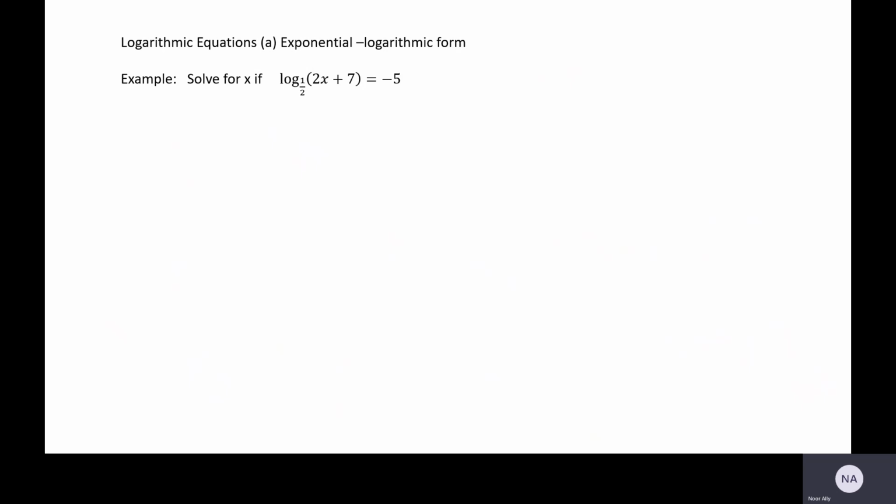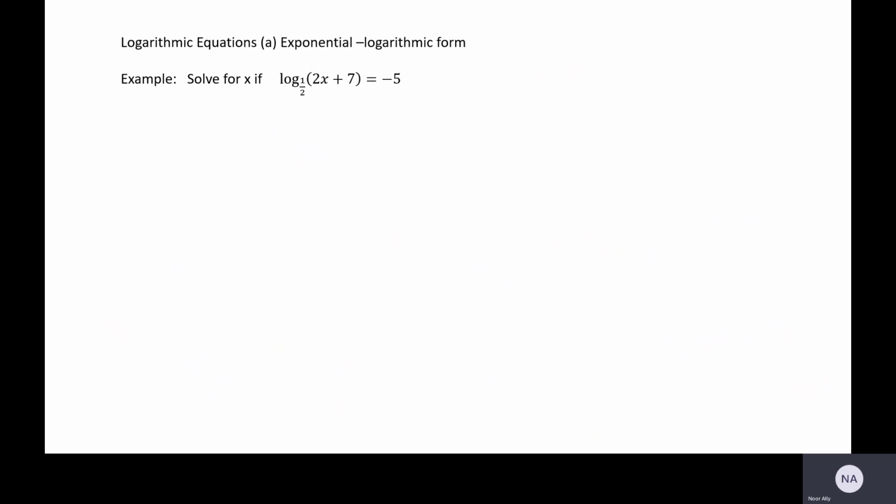And there are a number of processes and properties that we can use to solve logarithmic equations.